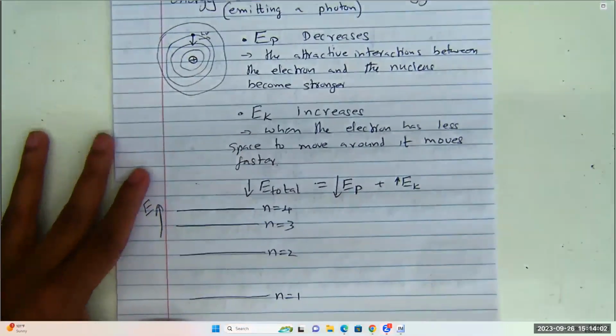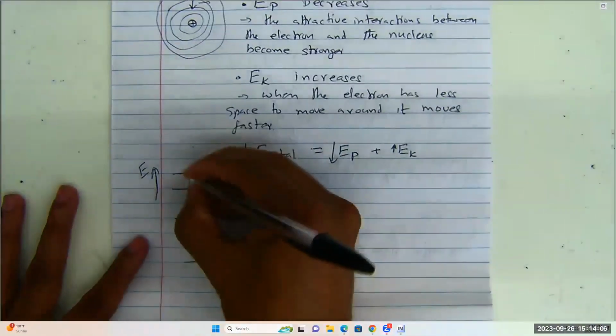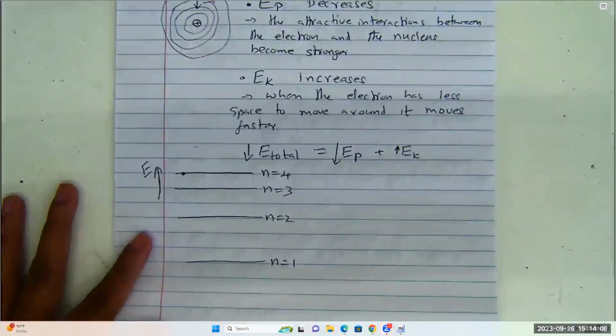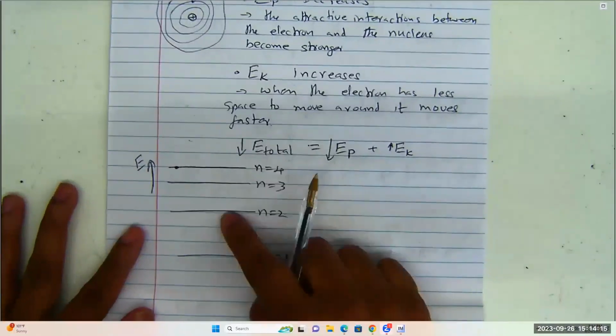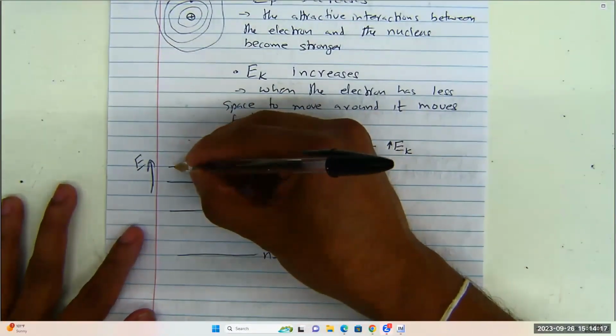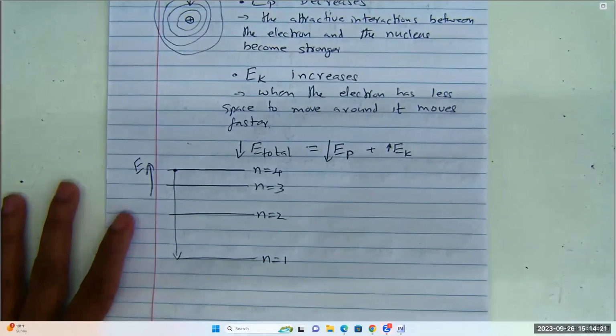Now let's say that we have an electron in n equals 4 over here. If that is the case, how many transitions are possible? This n equals 4 electron can directly come down to n equals 1, emitting a photon. That's one transition.